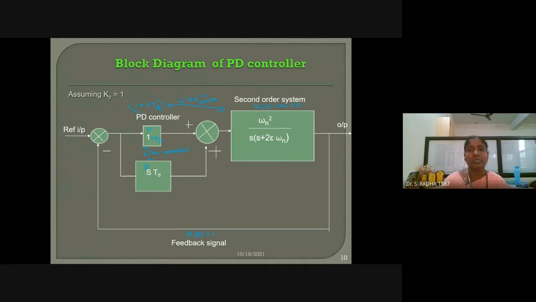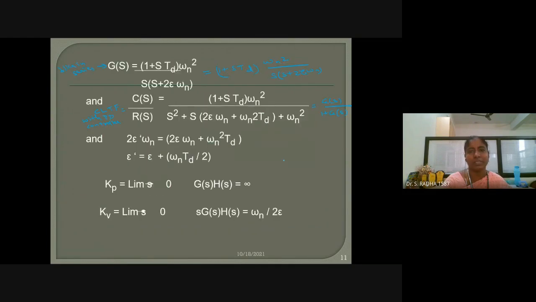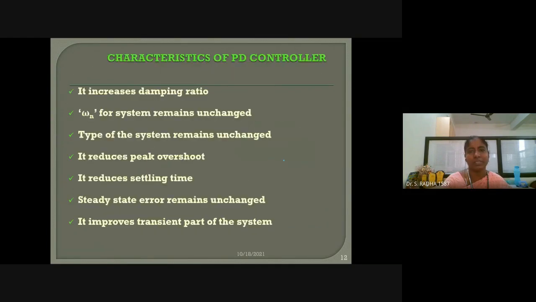You can connect either P alone or PD alone or PI alone in order to improve the system performance. This is PD we are discussing. Now, these are the characteristics or advantages of PD controller. It increases the damping ratio, and omega n for the system remains the same. Type of the system remains unchanged.